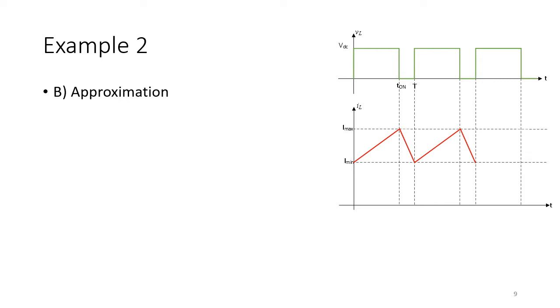Anyone remember when we can use such an approximation, that we approximate the change in current as linear? What was the condition to have such a simplification? Instead of exponential, this time we have the linear one. What was the condition for that?